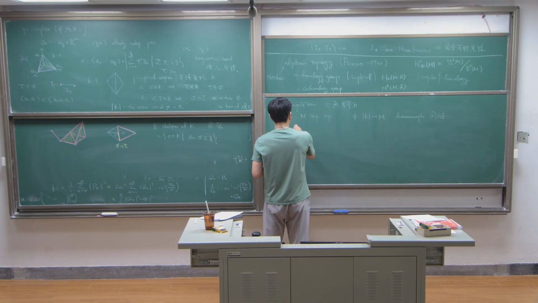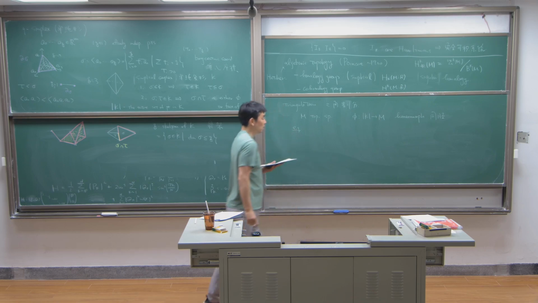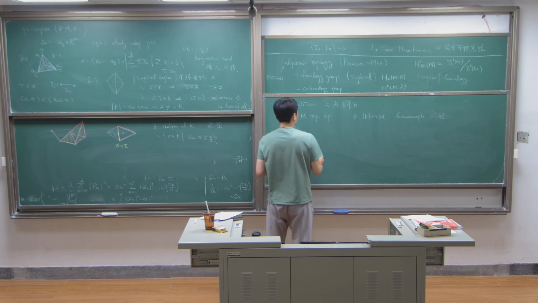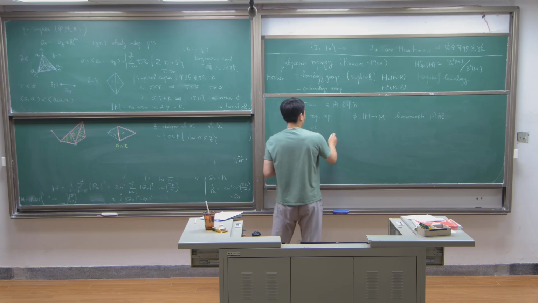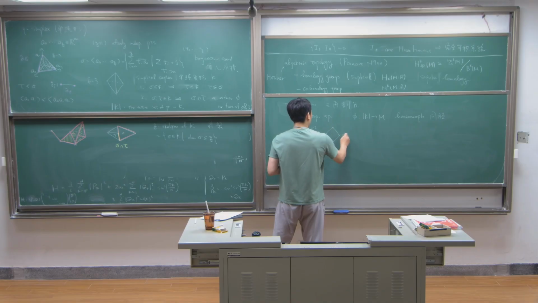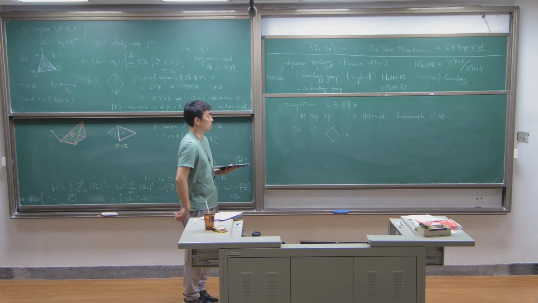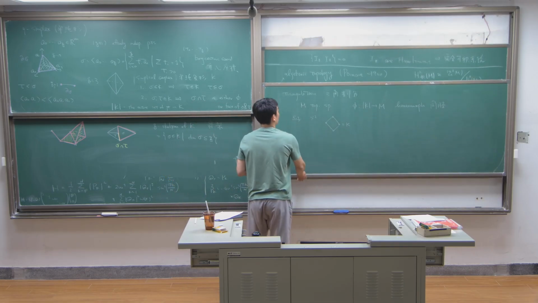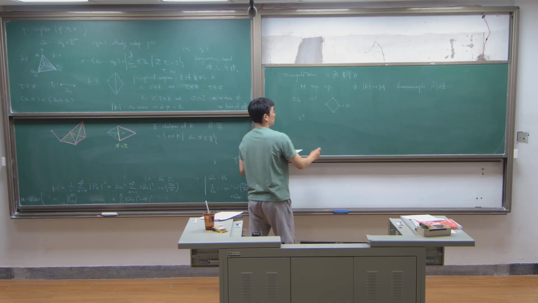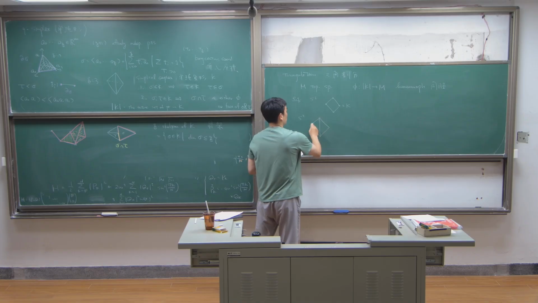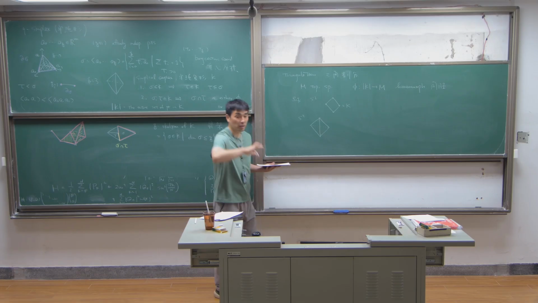Let's consider an example. The S1 is like this, and this is also a triangulation. S2 is something like this one. This one is also a triangulation. Of course, here the inside is not included. This is a triangulation, but not unique.